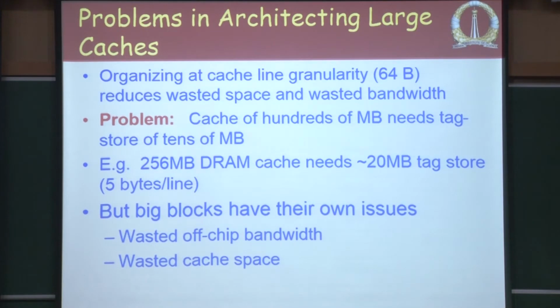Either you increase your block size, instead of 64 bytes, you might talk in terms of 512, 1024 or 2 kilobyte block sizes, and when you do that, obviously your metadata structure overhead would come down by the same factor.